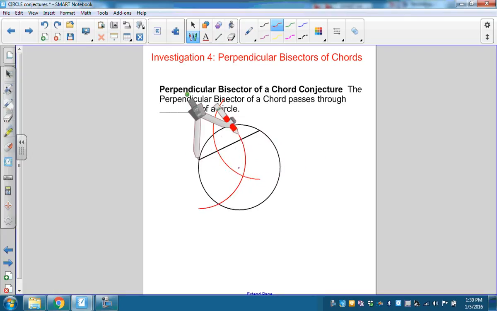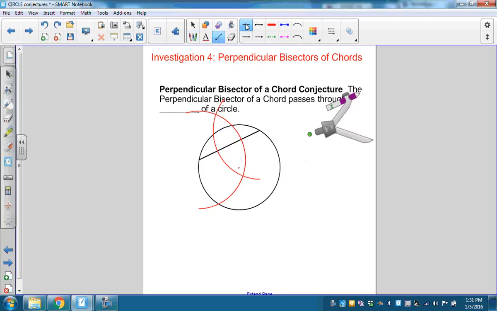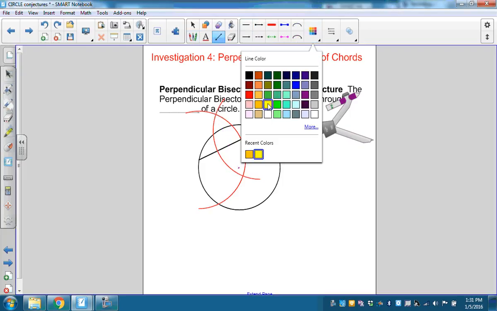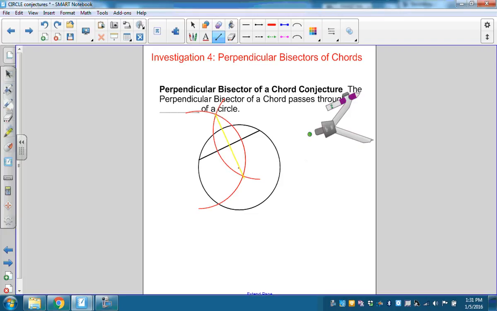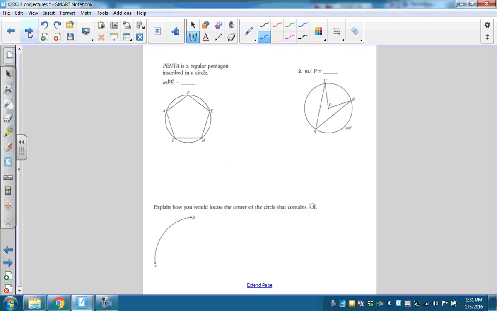So I just did a quick perpendicular bisector of a chord. And if I draw that in with my straight line tool, it should pass right through the center.